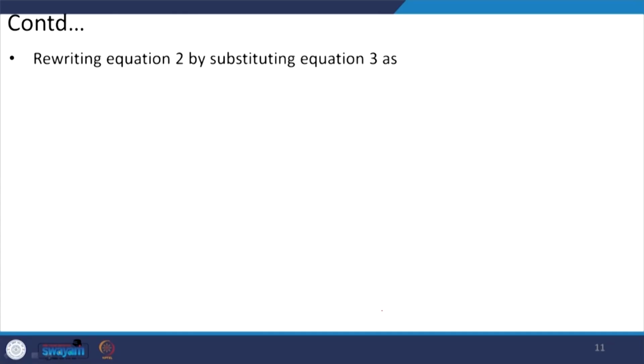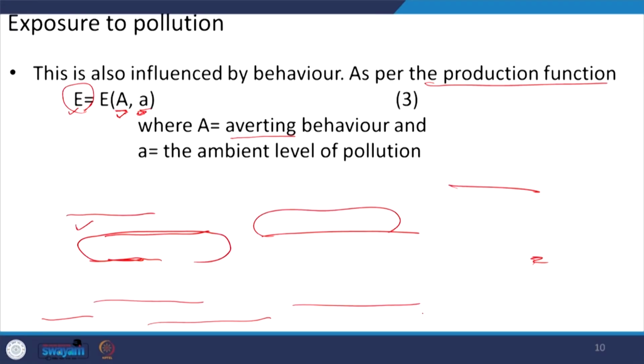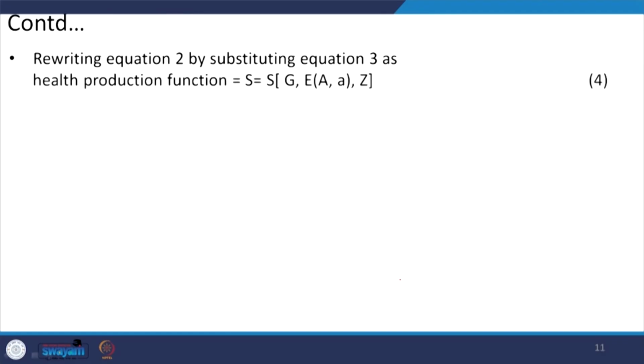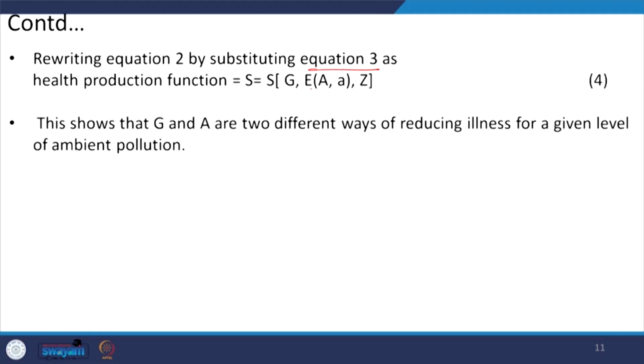And again, we have to rewrite this health production equation, because now we understood what the exposure to pollutions is. We will substitute equation 3 in equation 2 in order to find the health production function.